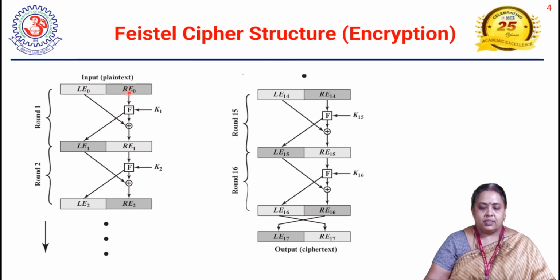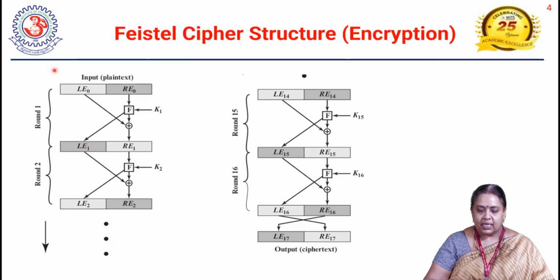The right half will be given to a function. In this function we are using a key called K1. The output of this function is XORed with the left half and it becomes the right half. This right half becomes the left half for the next round.